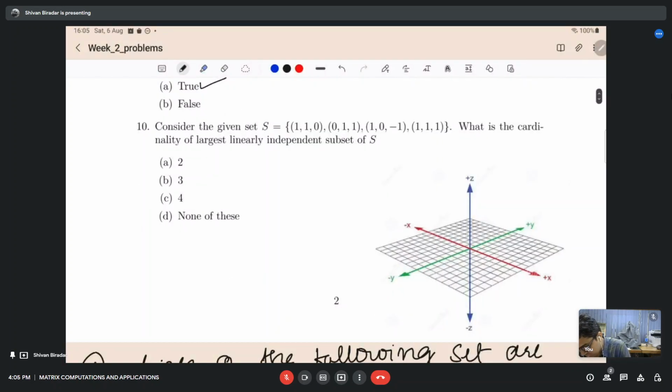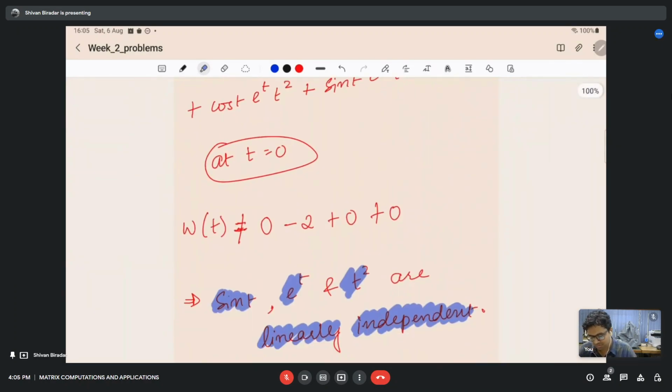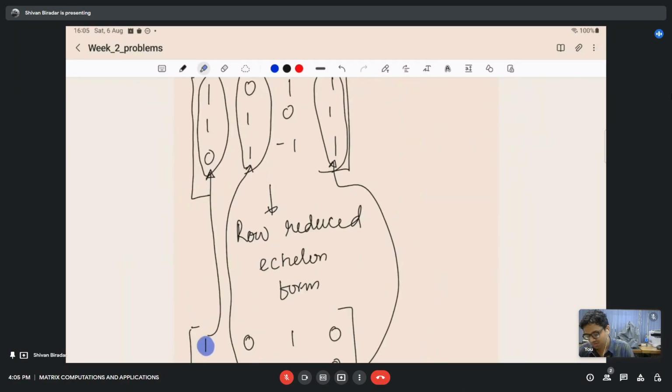So consider the given set S and assess these vectors. What is the cardinality of the largest linearly independent subset of S? So this is actually a very good question, wherein we'll again invoke some very pretty results from row reduced echelon form.